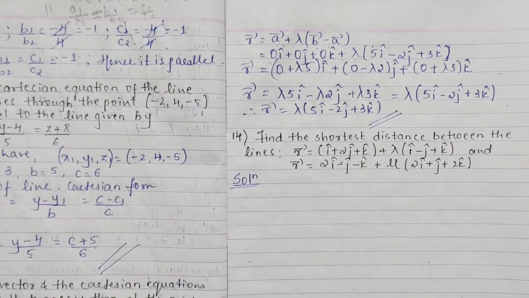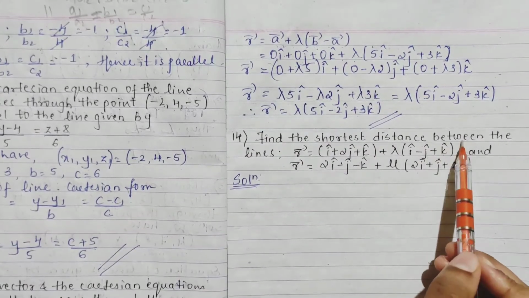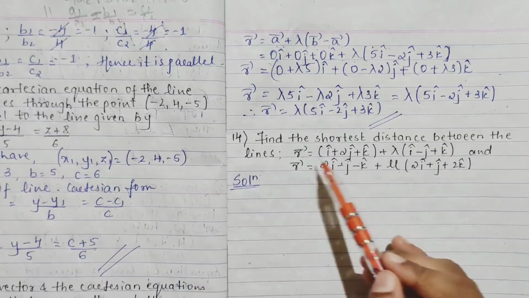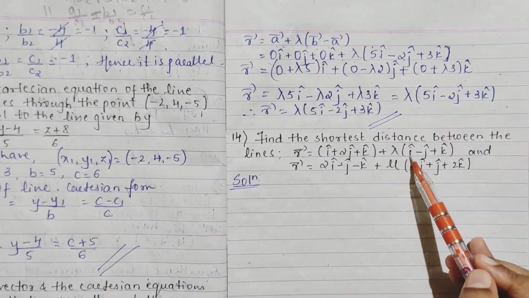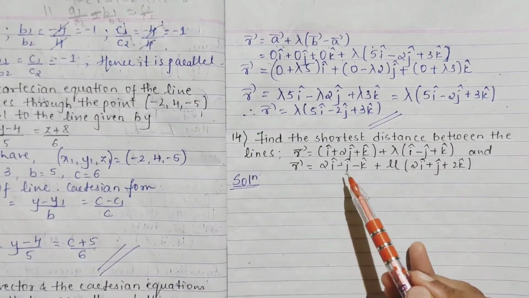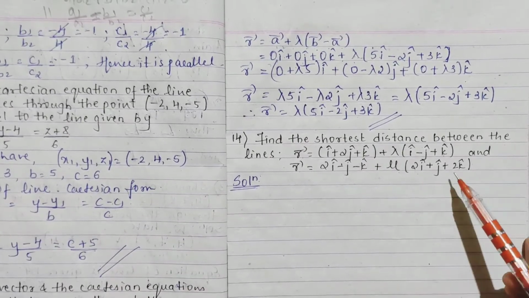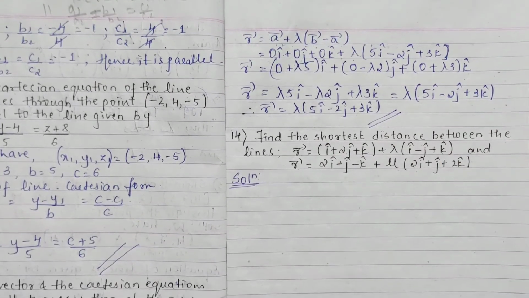Next question we will proceed with. 14th one: find the shortest distance between the lines. One line is given, sorry, vector r equals i cap plus 2j cap plus k cap plus lambda of i cap minus j cap plus k cap, and vector r equals 2i cap minus j cap minus k cap plus mu of 2i cap plus j cap plus 2k cap. So you have to find the shortest distance.